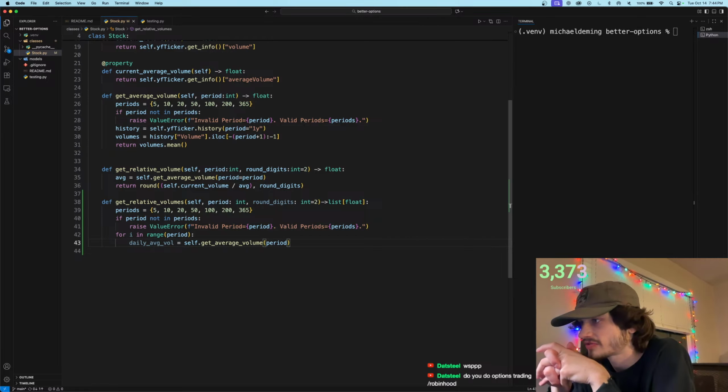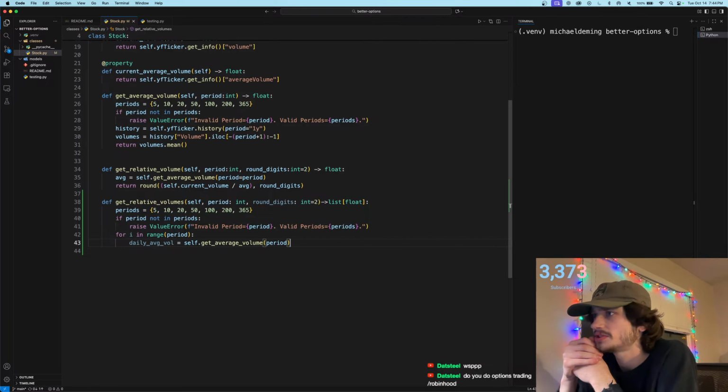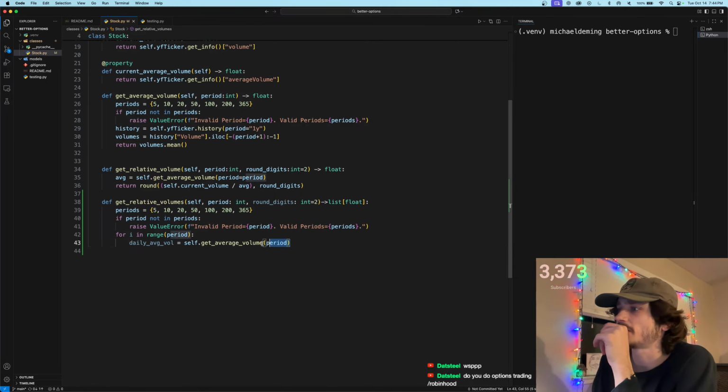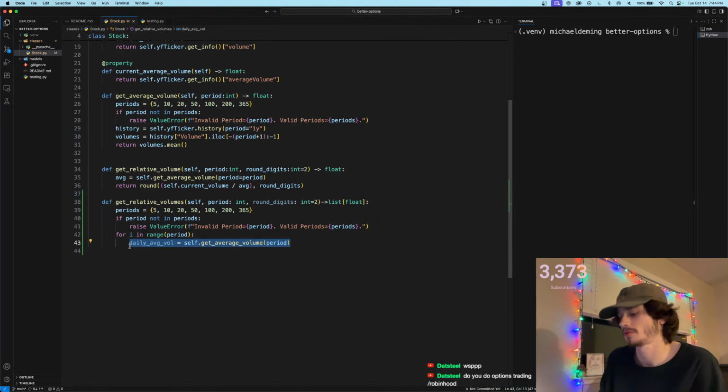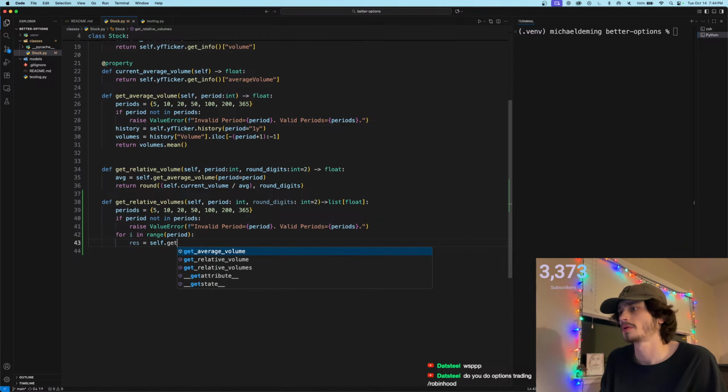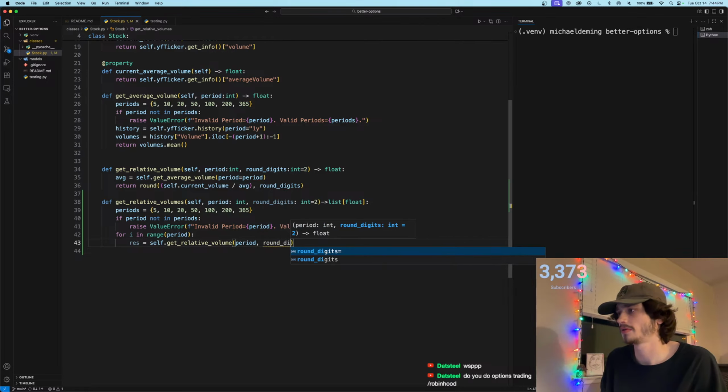So if we want to get the average volume for every day in the period, and then we want to get relative volumes, given the period and the round digits.